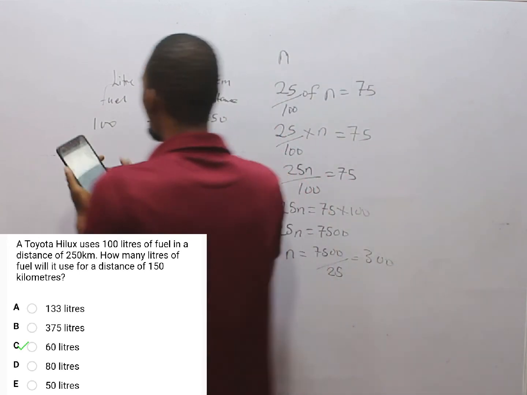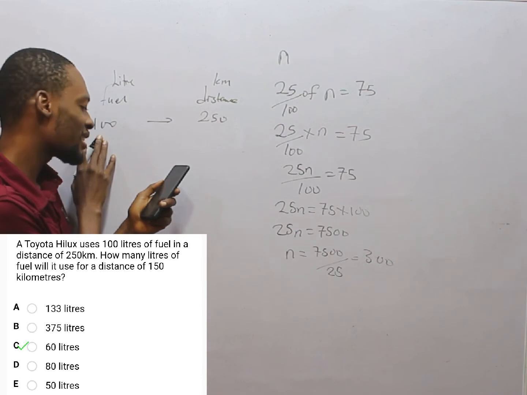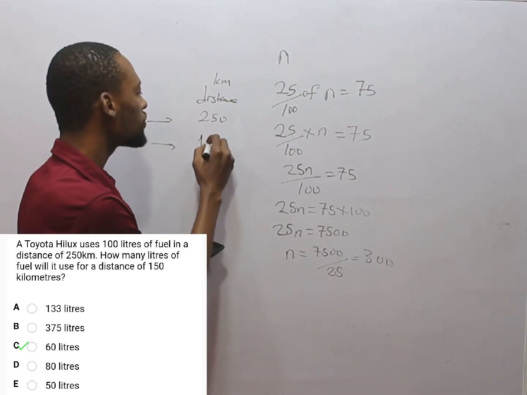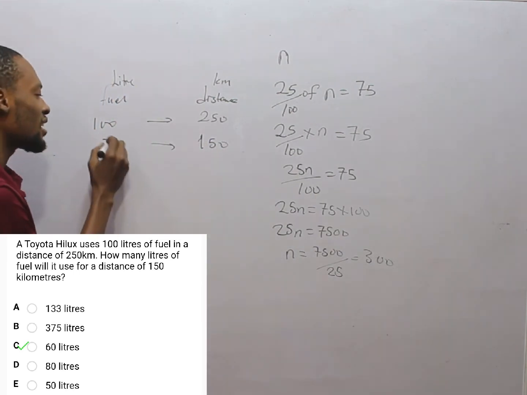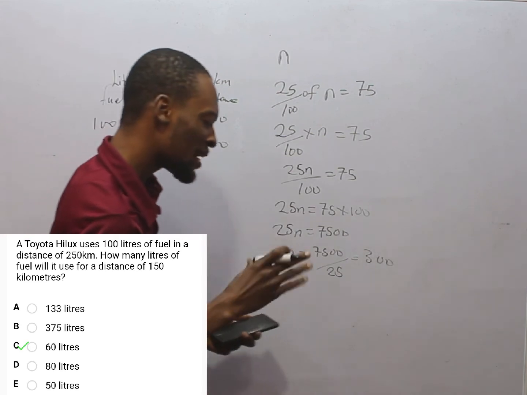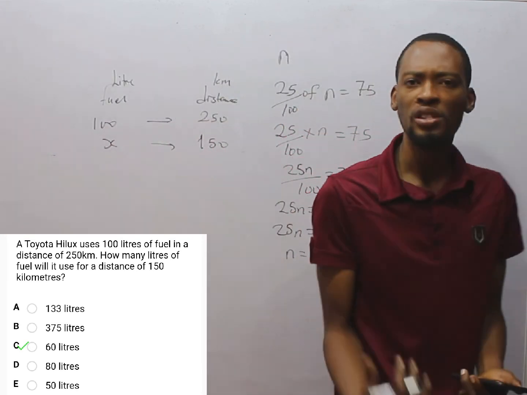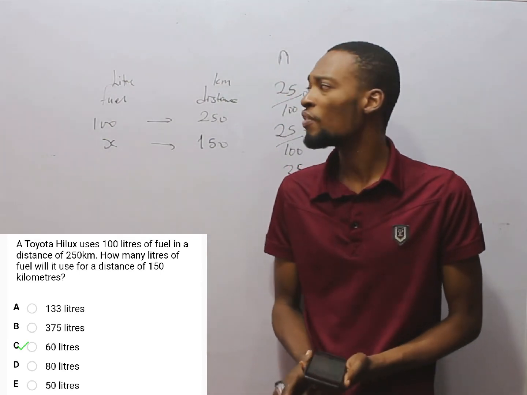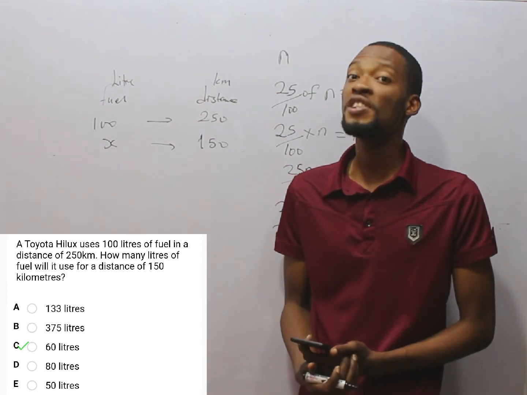Look at it. For 250 kilometers, we used 100 liters. Now they are saying if the car now covers only 150 kilometers, what will be the value of fuel? So let's call this thing I'm about to teach you, this comparison. Learn it because you are going to use it to solve a lot of questions, and it will really make you fall in love with mathematics and chemistry in the future, or physics.